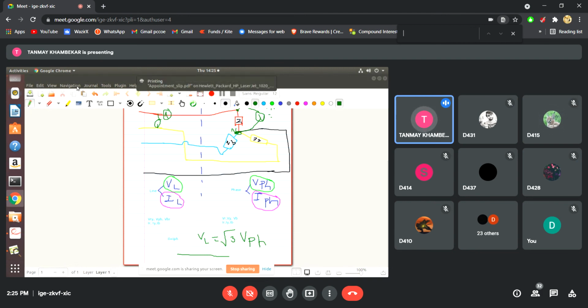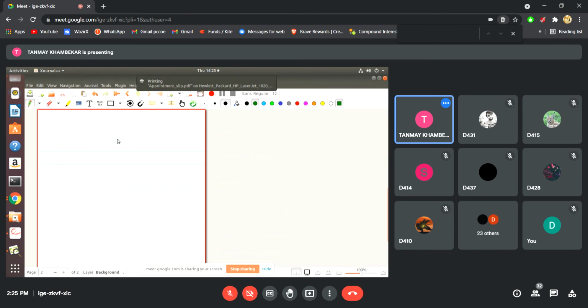Okay. Now next we go to the next page. We go to delta. So in case of delta, again, three phases I will show. So this is R, this is Y, and this is B coming from MSCB. Now we will show our load. So this is R. We are connecting the load in delta. So R, this is Y, and this is B. So we have connected the load in delta.